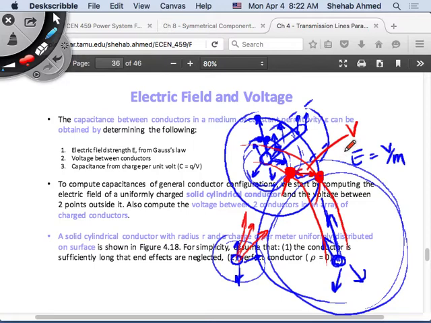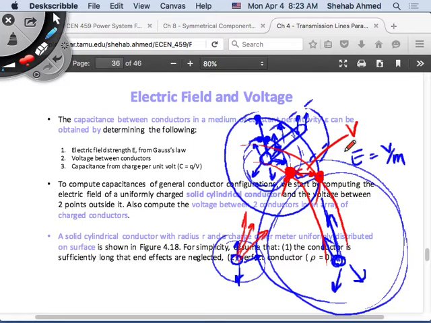When you talk about shunt capacitance for a transmission line, there's a capacitance between the line and the 2 other lines, and also the ground. Anything that has a potential difference will have a capacitance between them. So it's like the sum of 3 different capacitors.